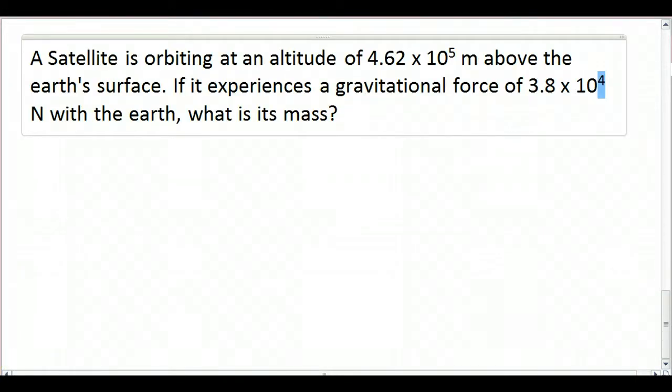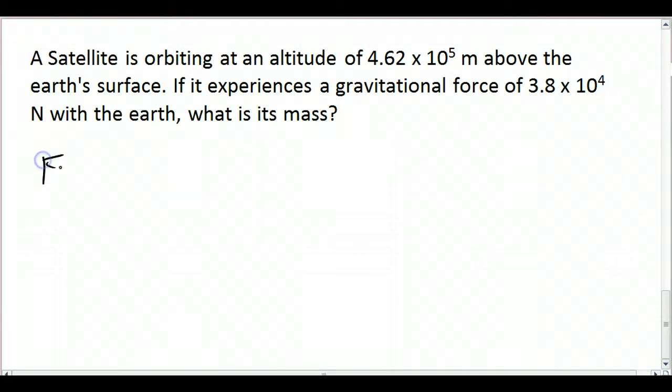Okay, so first of all, let's look at the equation and think about what we're looking for. We're looking for mass. So in this equation, F equals big G m1 m2 over r squared. We need to get one of the masses by itself, and it really doesn't matter which one. That's completely irrelevant. So I'm going to arbitrarily say that the satellite is m2 and the Earth is m1. So I'm going to get m2 by itself.